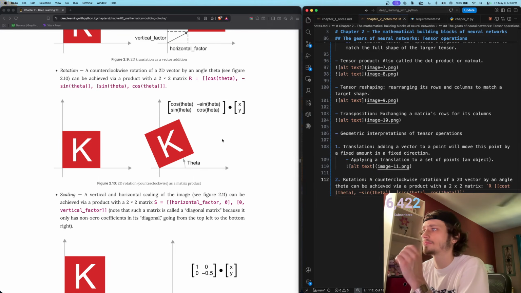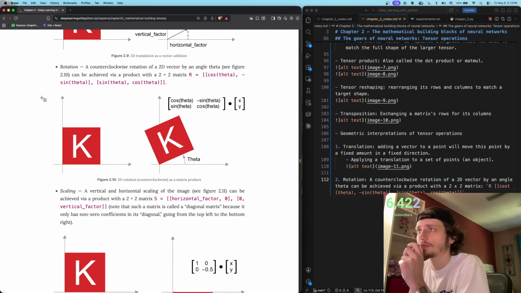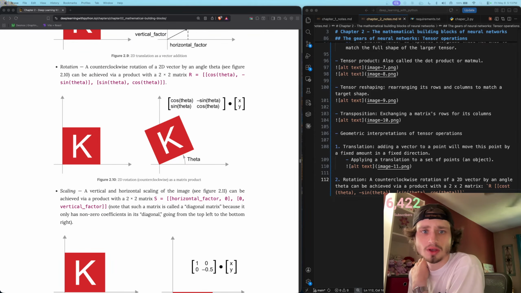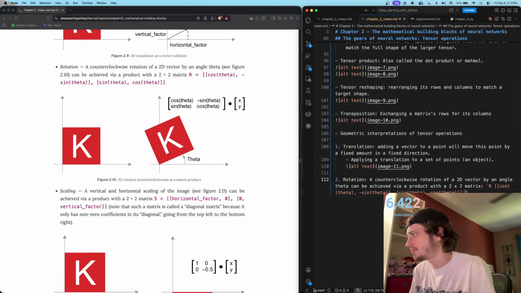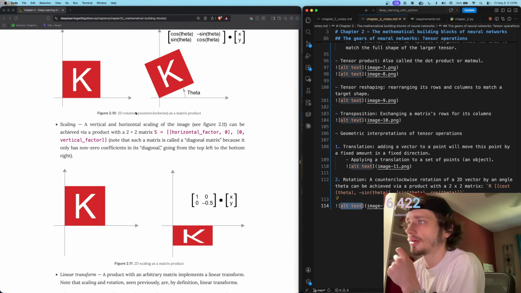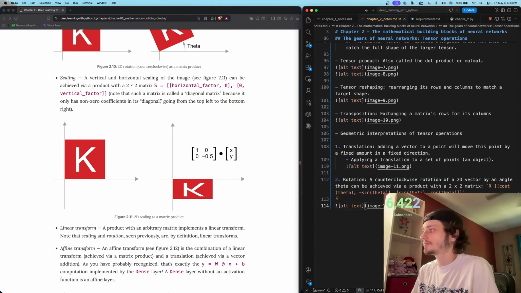Okay, and then we'll take this picture. Looks good. So you just apply a dot product of these values together to rotate, to move the points in a rotation manner, counterclockwise.